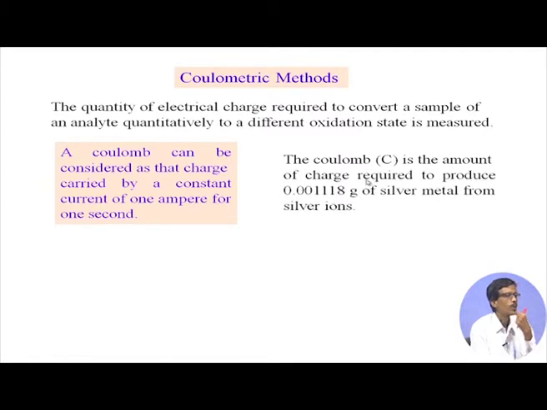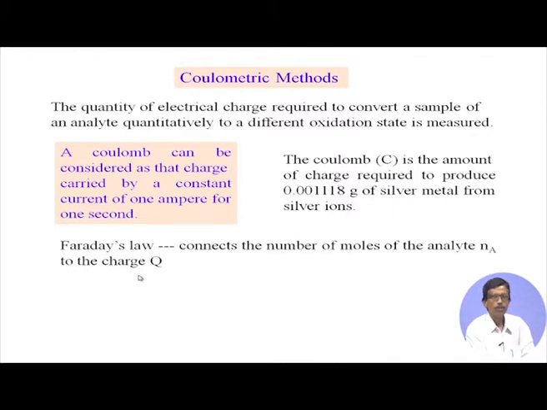Then, in an indirect way of defining this, the electrochemical equivalent of the silver metal from silver ions is known: ampere multiplied by time gives you the Coulomb charge, and for a standard process of deposition of silver metal from silver ion, if the deposition is 0.20118 gram of silver, the charge passed is 1 Coulomb.